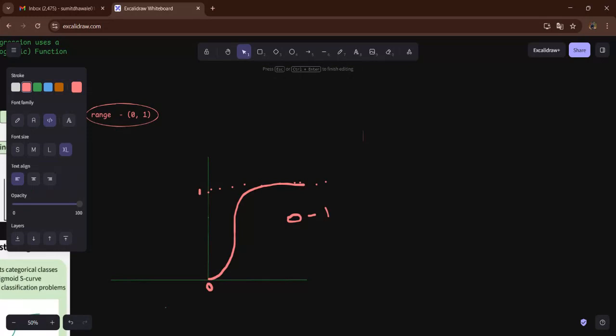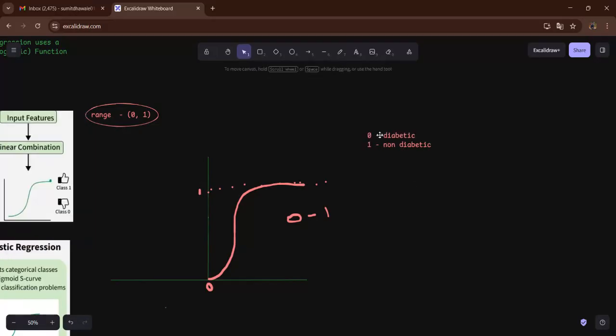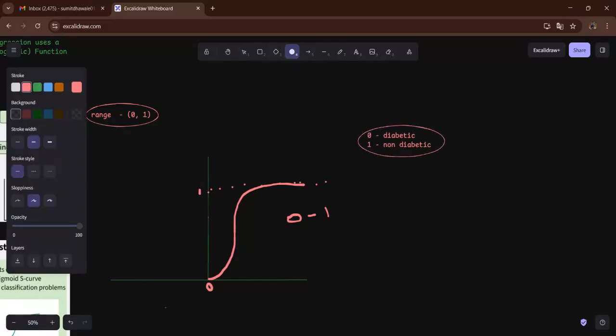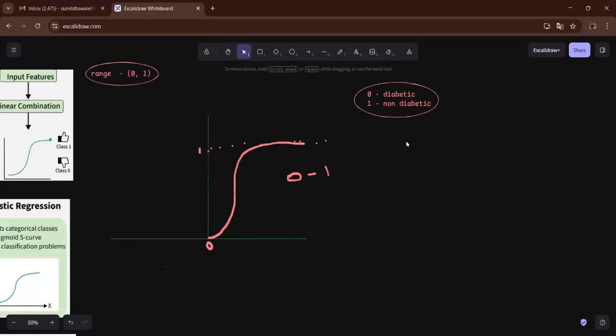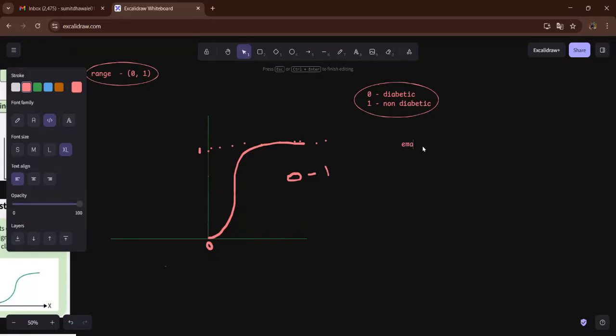When the outcome is 0, the patient has diabetes, and when the output is 1, not diabetic. So here logistic regression works. Let's take another example. Email is spam or not.